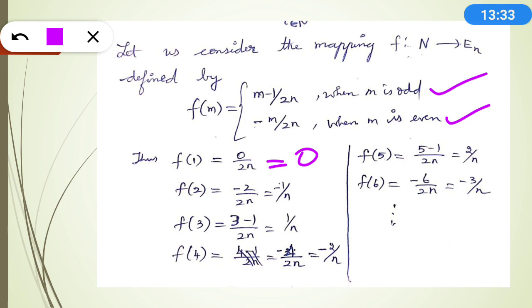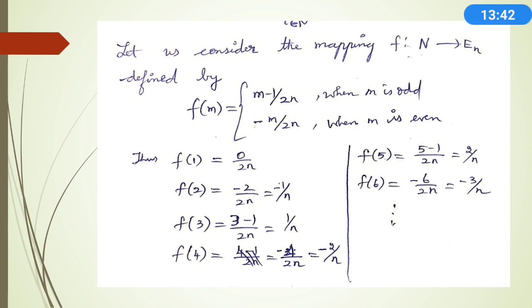When m is equal to 3, since it is odd, again it will come here. So it will be 3 minus 1 by 2n, which is 1 by n. When m is equal to 4, it is an even number, therefore you have to substitute 4 over here. So minus 4 by 2n, it will be minus 2 by n. Next, when m is equal to 5, it will be 5 minus 1 by 2n, which is 2 by n.